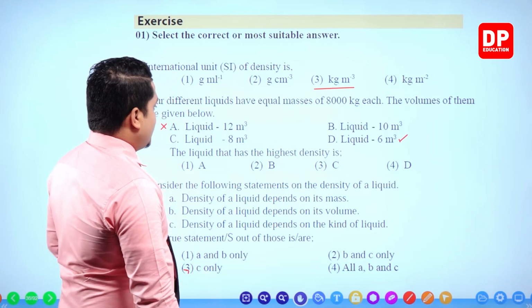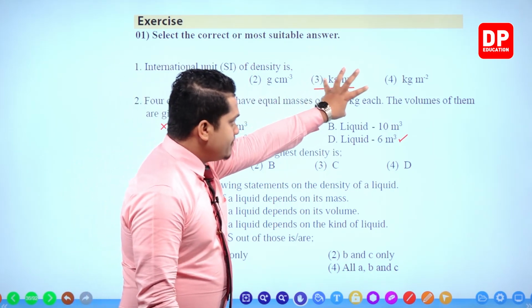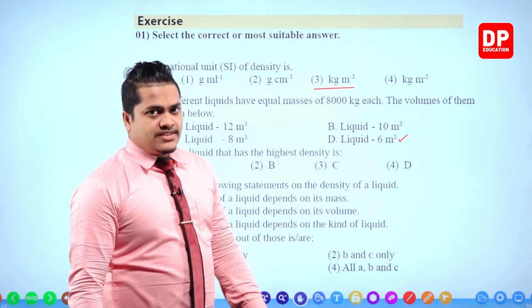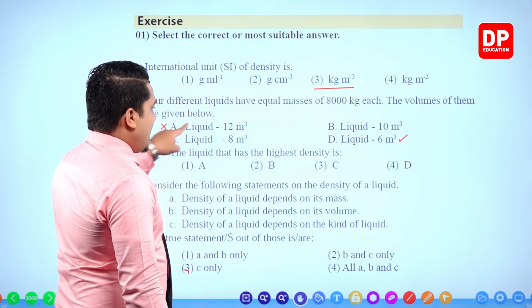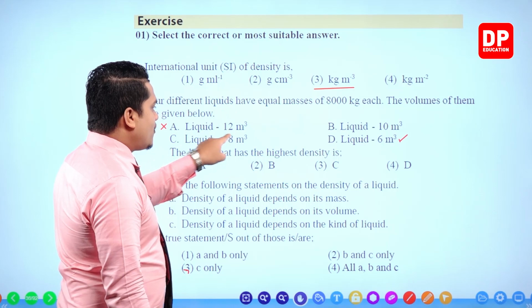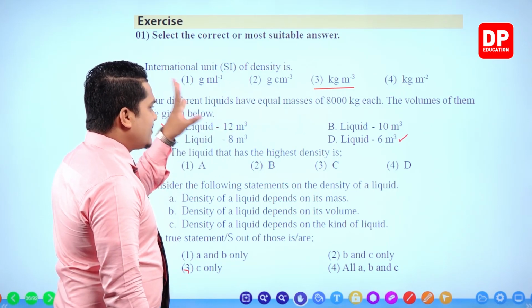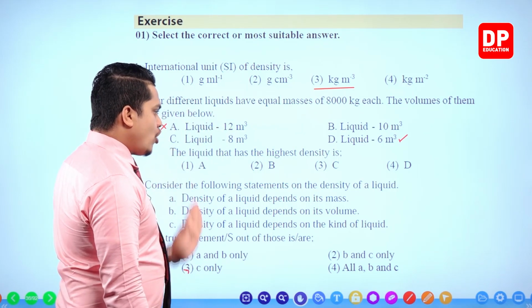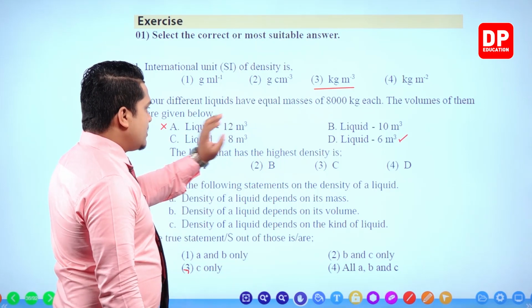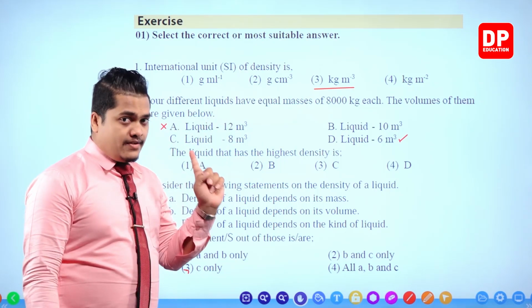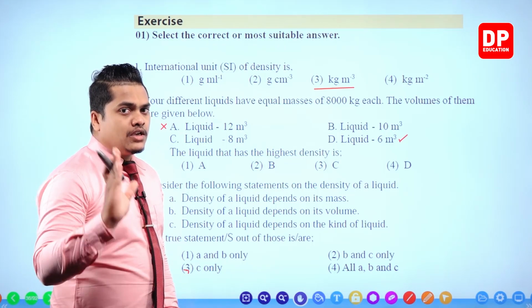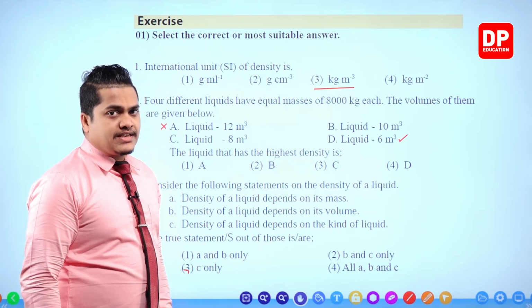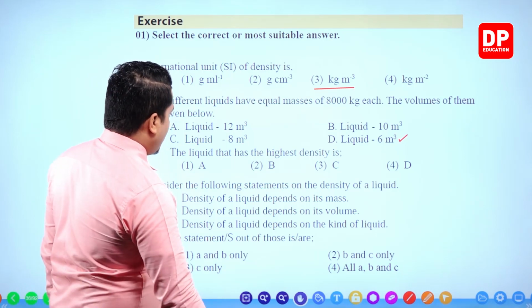Because here the mass of the substance is constant, it's not changing. Liquid A has the highest value of volume. That means it has the lowest density. Higher the volume, like I said, lower the density. Those things are showing an opposite relationship, or an inverse relationship.